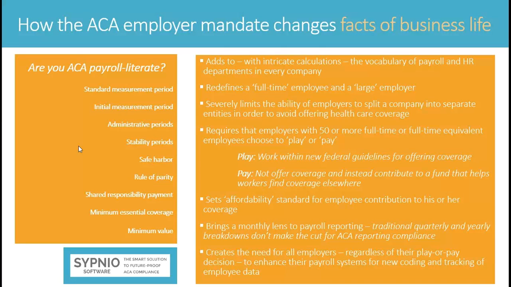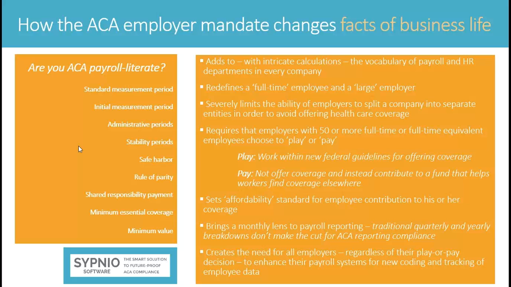An interesting part of this legislation is that it requires, for the first time, employers with 50 or more full-time or full-time equivalents to provide affordable health care coverage. Now, this year it's 100, but the law actually says 50 or more. And it's never been done in this country before.